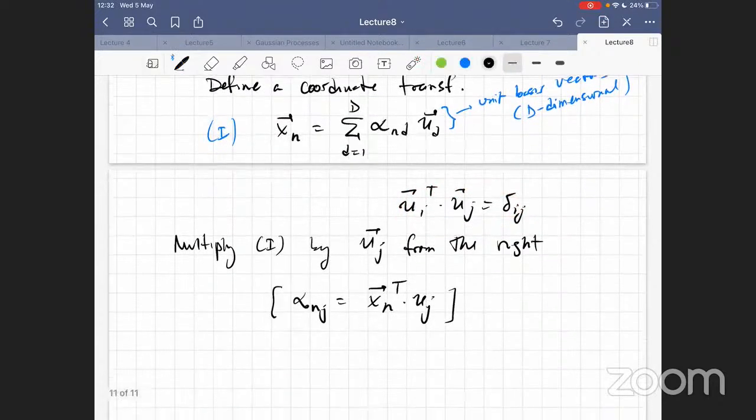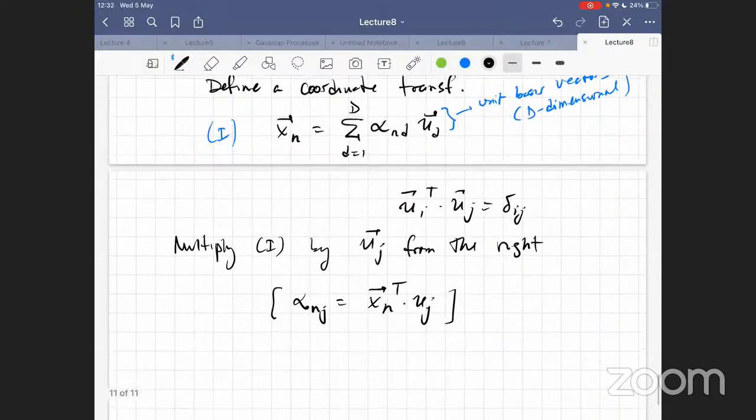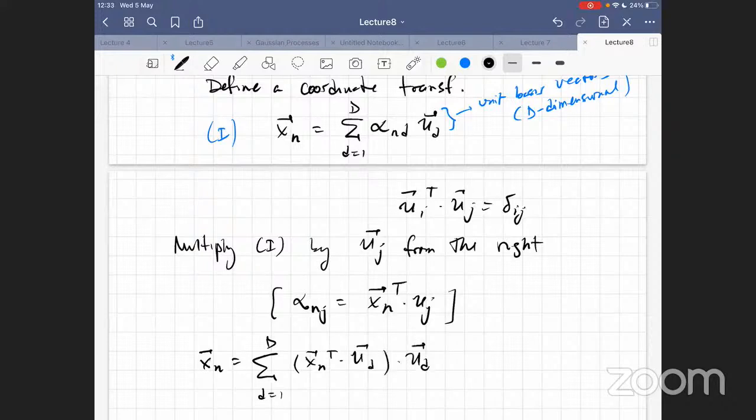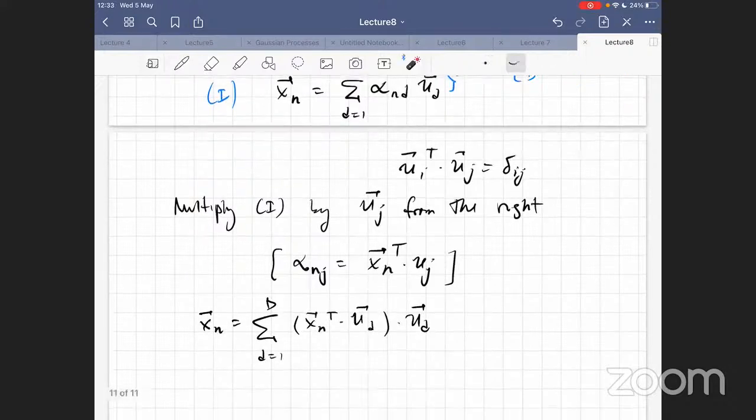And by doing this, I can re-express 1 as the following: x_n is equal to, substituting the expression for alpha_nj, the sum from i=1 to d of (x_n transpose u_i) times u_i. In a way, this expression is summarizing 1 together with this condition.